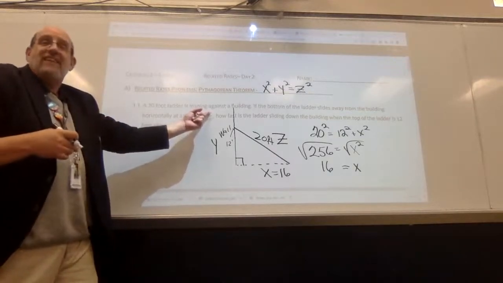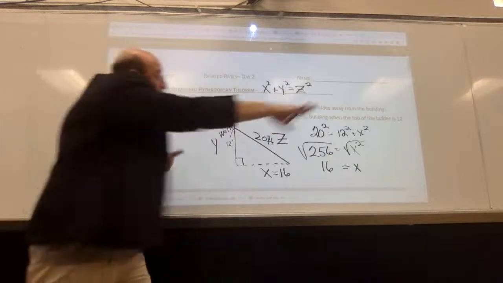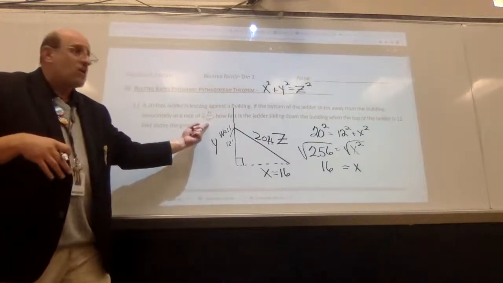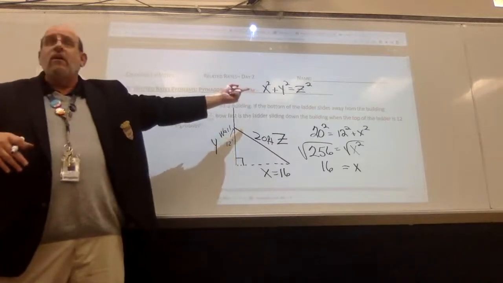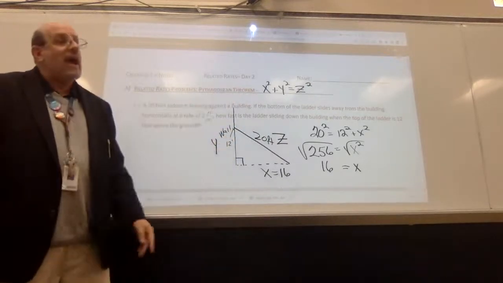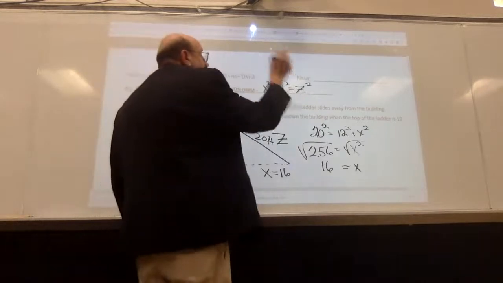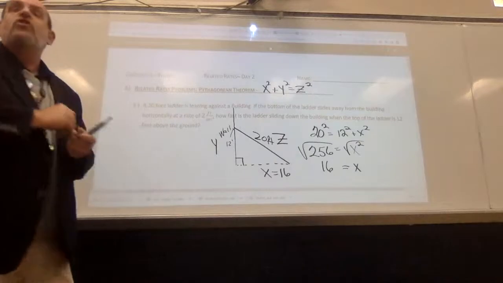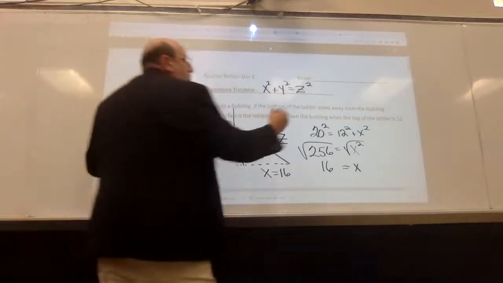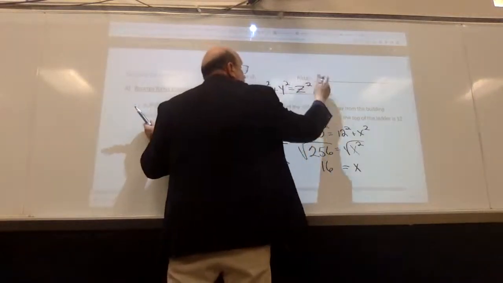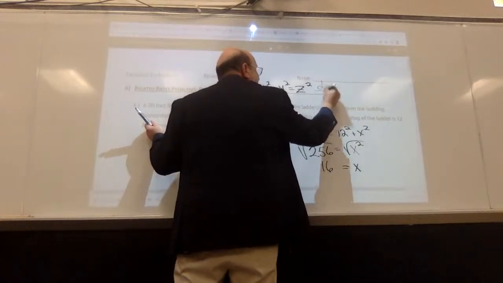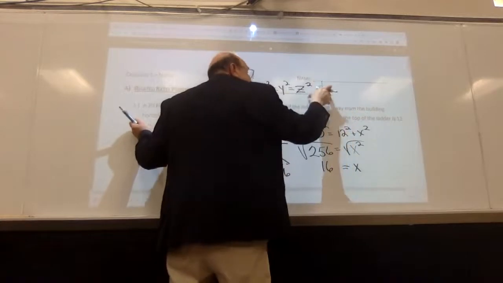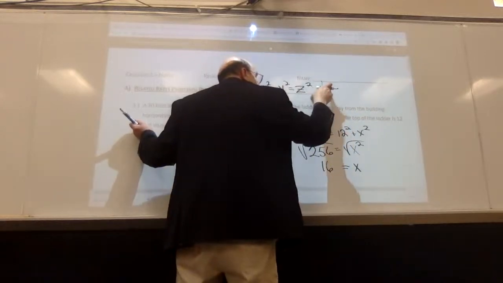Some number of feet outward along the x-axis over time. There's no time here. So now I have to differentiate this whole thing. I'm going to use a different color so we know that we're doing something different now. I'm going to flip it around in a second. We're going to differentiate all of this stuff in terms of time, d/dt.